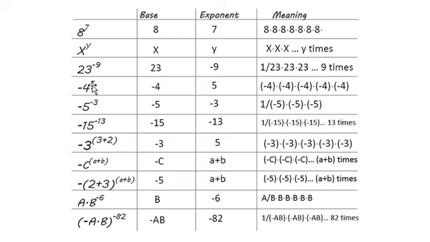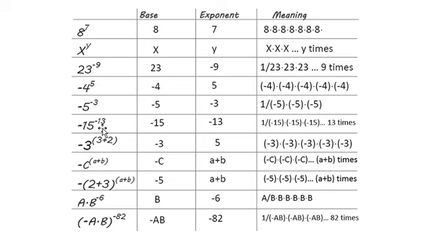Minus 4 to the power 5, base is minus 4, exponent is 5, you're going to multiply minus 4 five times. Minus 5 to the power minus 3, minus 3 is the exponent, so 1 divided by minus 5, 3 times.